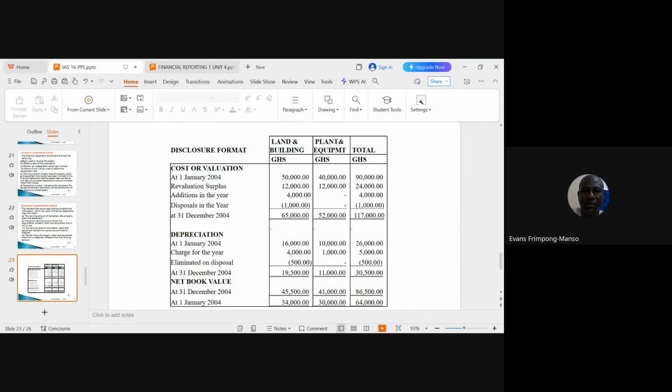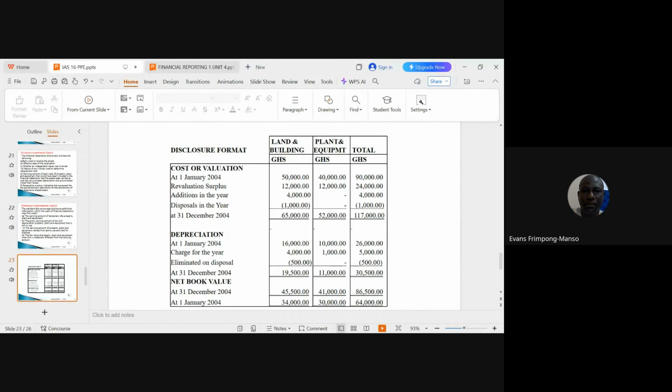Beneath it, you see I've written 1st January 2024. Sorry, 1st January 2004. It means that at the beginning of the year, what was the book value or the carrying amount? Now look at the cost or the valuation at 1st January: land and building was 50,000, plant and machinery was 40,000.